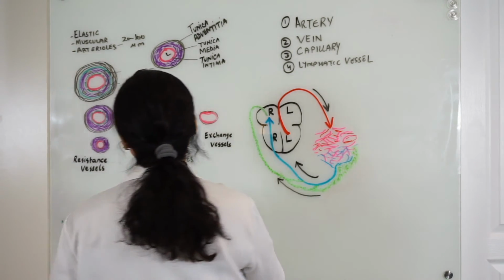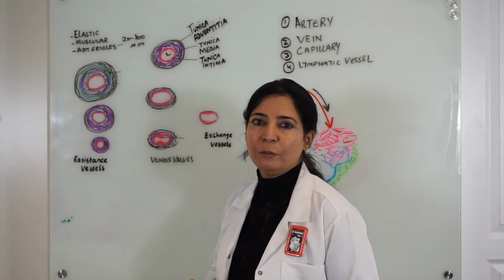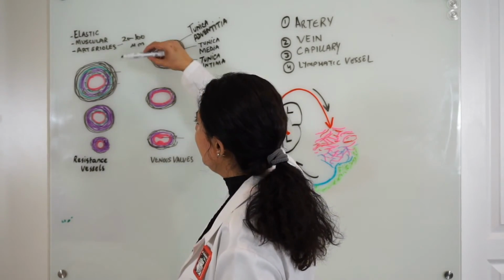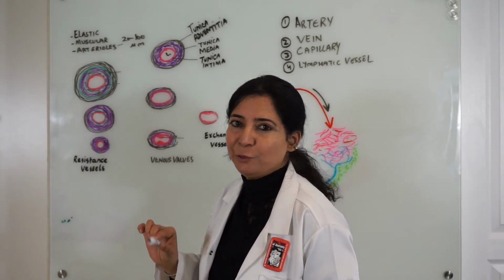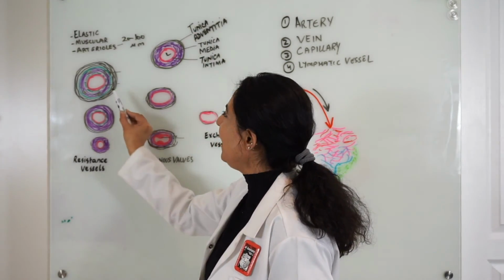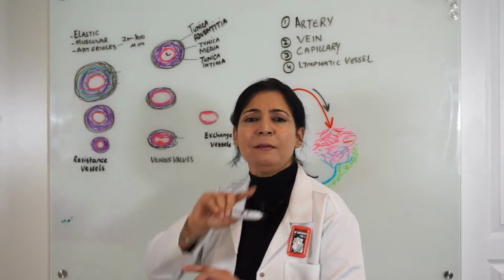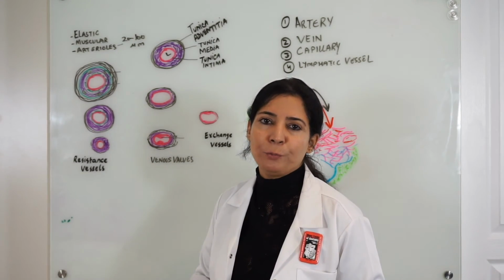So let's have a look first at the elastic arteries, which are the largest type of arteries. We have the tunica intima, just like the usual. Then we have the tunica media. Here you can see some green color is also blended in that purple.